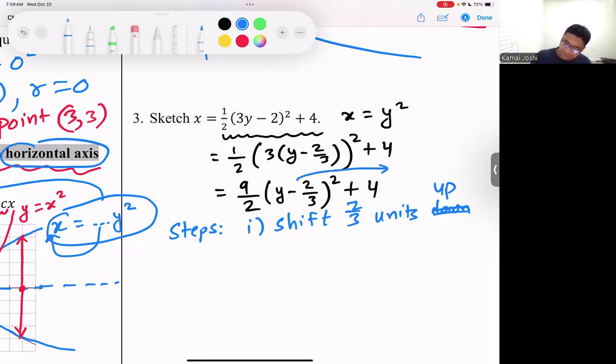Because if you plug in 2 over 3 for y now, then you get x equal to 0, compared to x equals y squared, which would be 0 at 0. Now you have to go to 2 over 3 to get the same 0. So in that sense, the graph is moving up. So 2 over 3 units up.